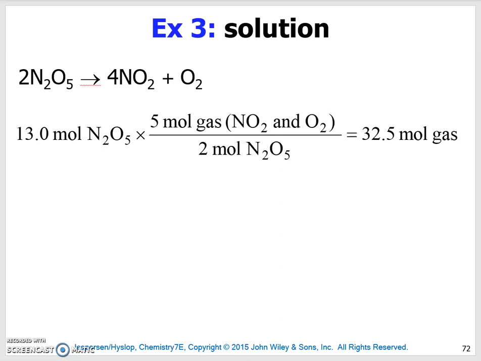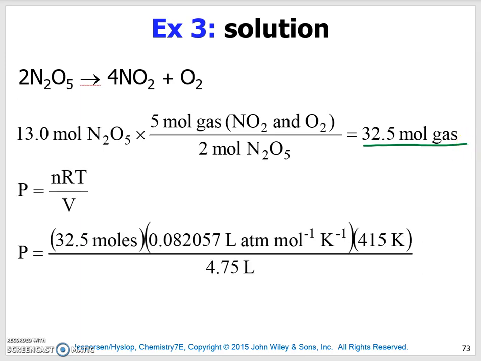And so we start with 13 moles of our reactant, and we produce 5 moles of gas in the product side. So we've got 4 plus the 1 of oxygen. And so that gives us a mole fraction, or a stoichiometric factor, of 5 to 2. So what we have after the reaction is 32.5 moles of gas in that container.